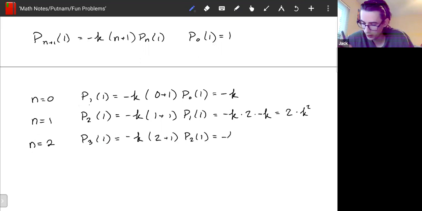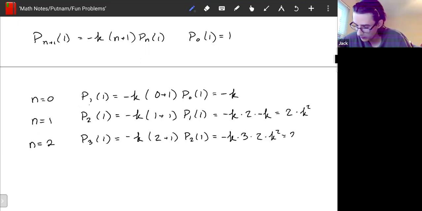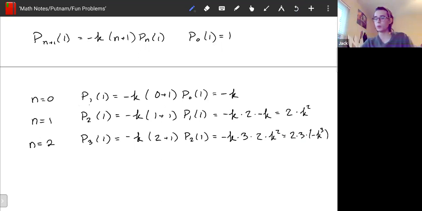And this is just going to be negative k times 3 times 2 times k squared. So we'll have 2 times 3 times negative k cubed, right?